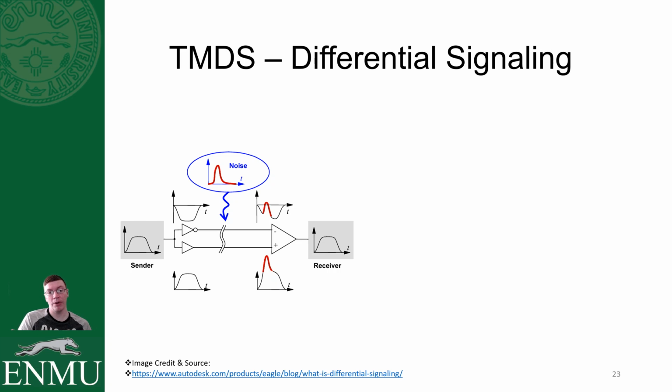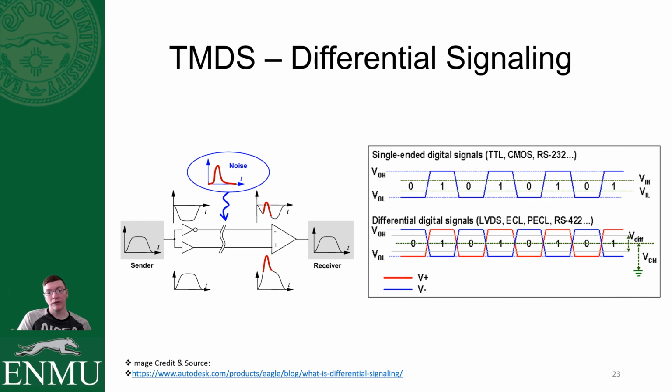So you have a buffer and then an inverting buffer, or a NOT gate, if you will, that is causing those two pairs to always be equal and opposite of each other. And then at the other end, you've got that op amp that is amazing at canceling out the noise for recovering that signal at the other end. And there's that diagram again, just blowing up a little bit.